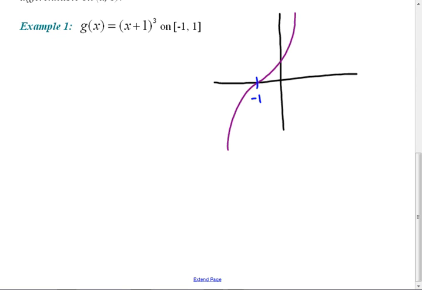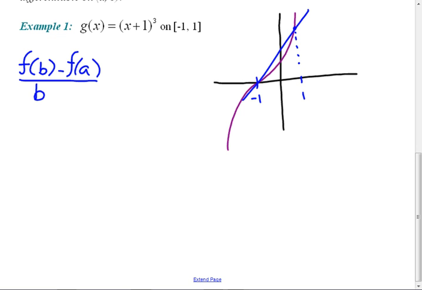Okay? We're going to do this problem, and then we're going to do 1. And I'm going to find the slope of that secant line, because it's f of b minus f of a over b minus a. That's old stuff. Equals the derivative at some c value.